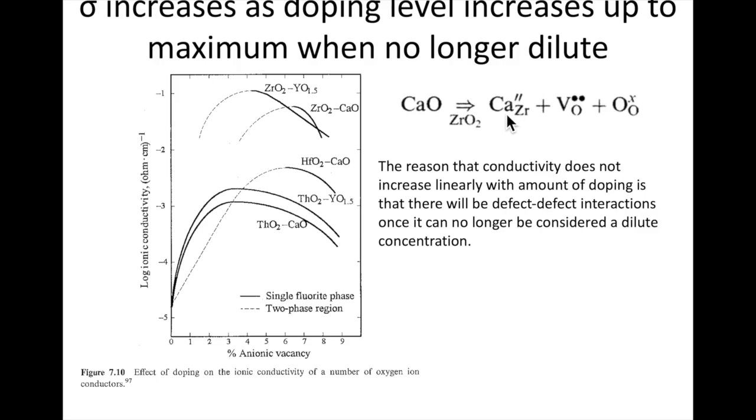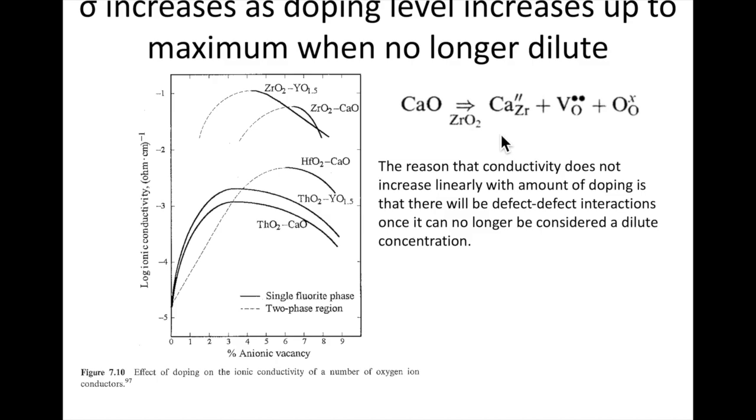And so there you see that calcium into the zirconium sites creates a -2 charge. And to balance that, we can create oxygen vacancies and then one more oxygen that goes into a regular oxygen site. So this is what happens when we dope in calcium oxide into zirconium oxide.